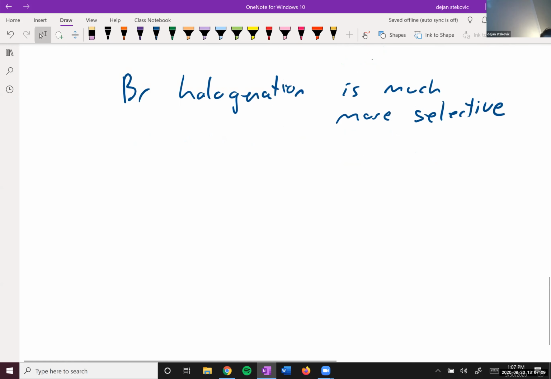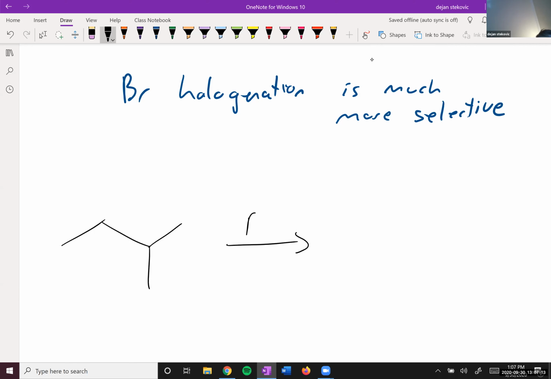Let's take a look at this just as a little bit of a refresher. And so for this one, I want you to identify what is the major product. So this is going to be something we're going to be doing a lot in chemistry, is identifying the major product. I don't want you to tell me every product. I just want you to tell me what the major one is.